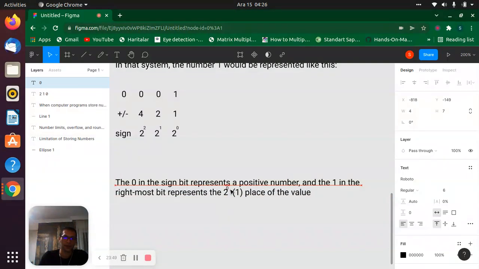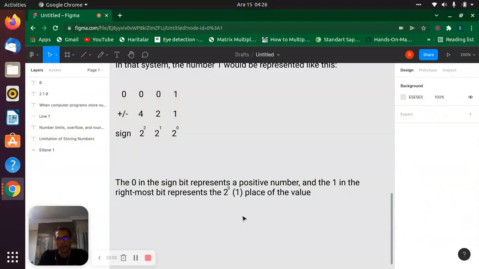I will put this 0 here again, and it can stay there. I think you can understand the situation here. So what we said here: the 0 in the sign represents a positive number, and the 1 on the rightmost bit represents the 0 power of 2. It's already the 1 place of the value.